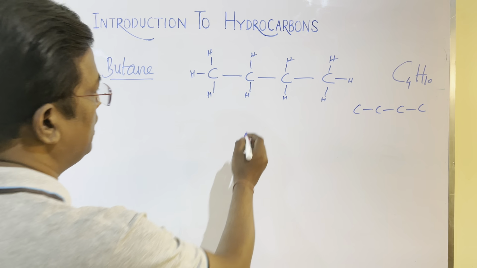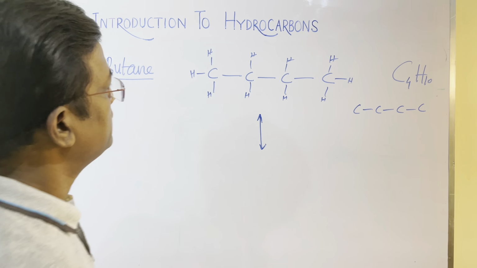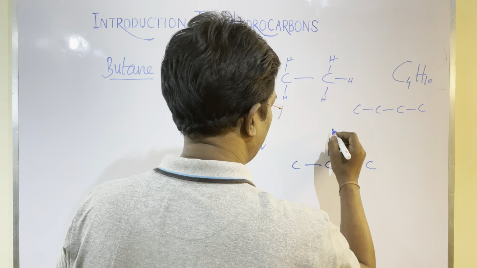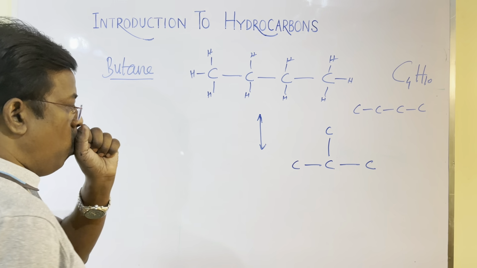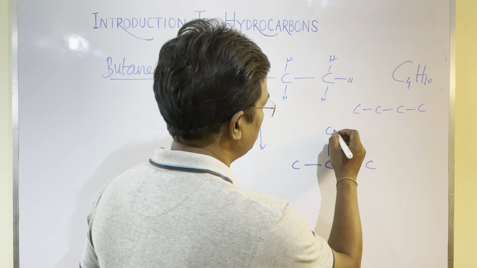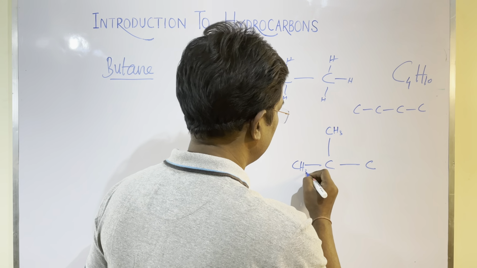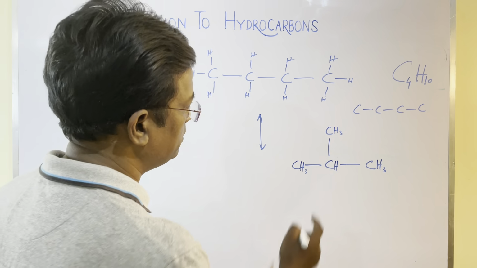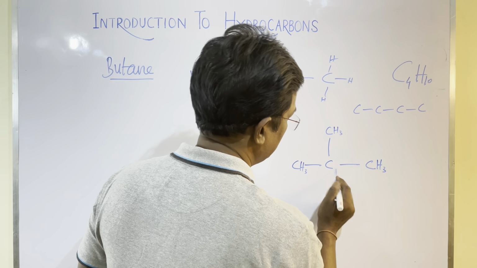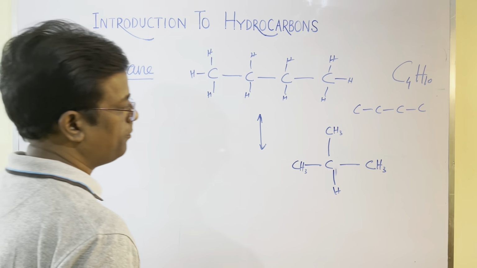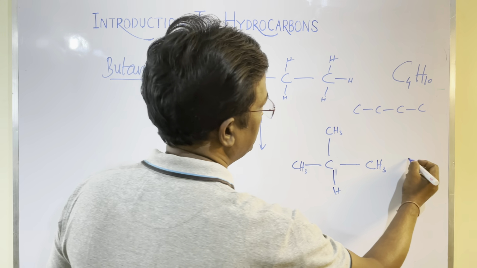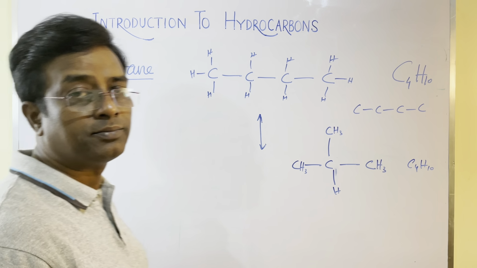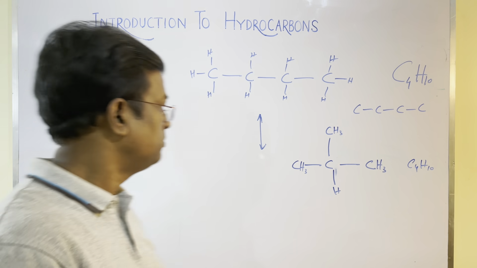Now we can draw another isomer, a different structure for this. If we have 3 carbon, we can attach 1 more. It is also CH3, CH, and CH3. We count here. Let's draw structurally H here. We count them: 3 3s are 9, 1 is 10. The same formula C4H10, but they are represented here in a different manner. The bonding is different here.